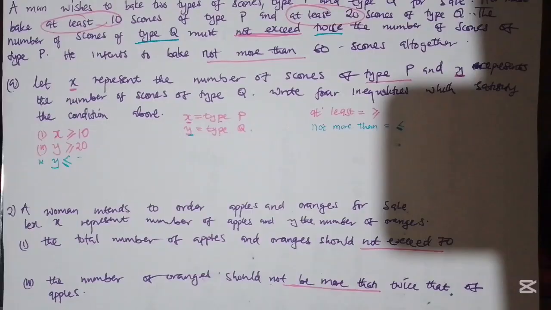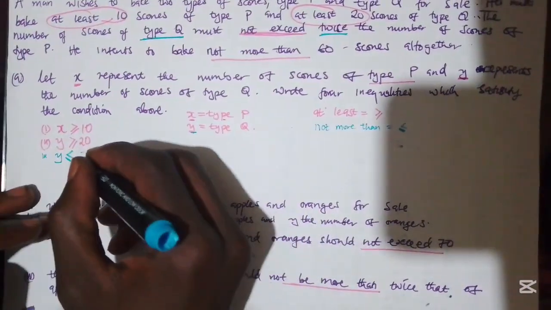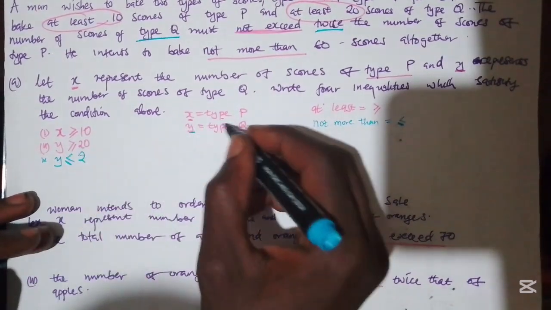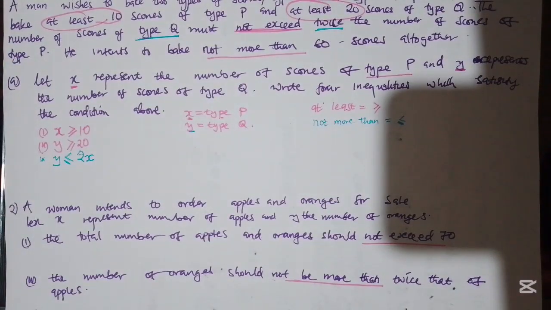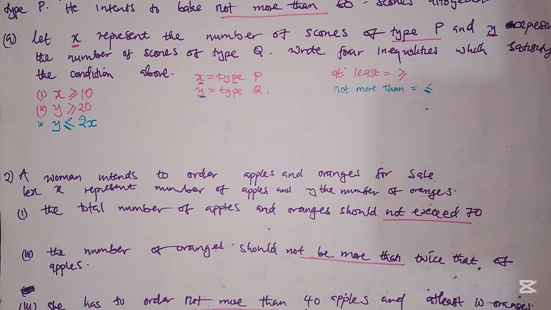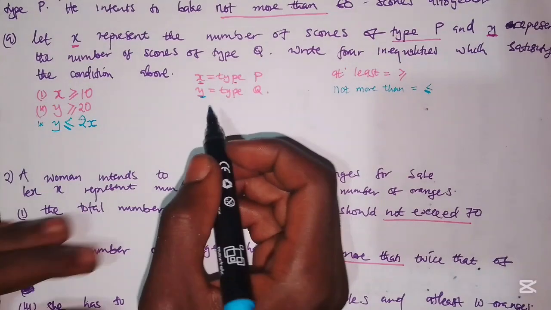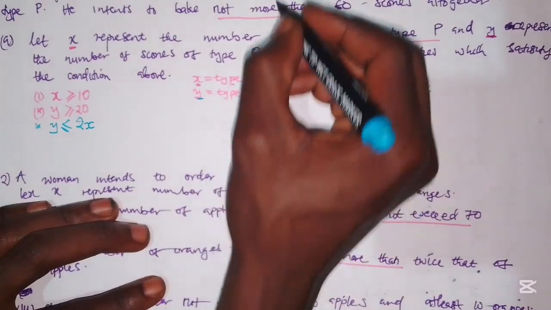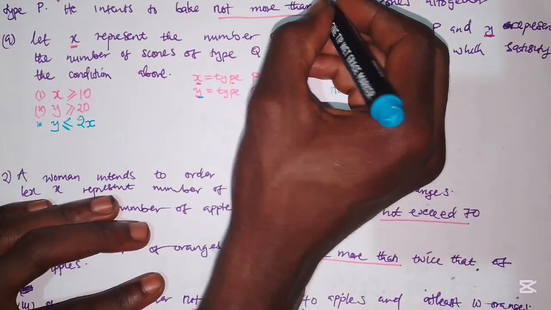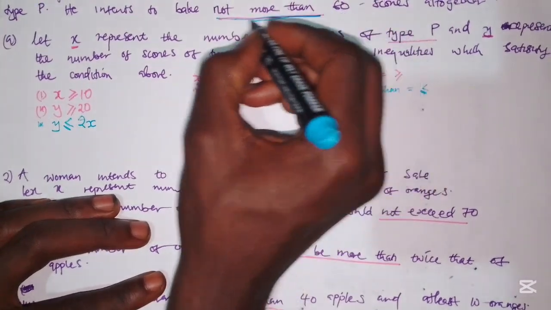Then whenever you hit twice the number of scones of type P, you just put 2 in front of the letter, which is 2x. Just like that. That's how simple inequalities are. So I've basically shown you how you can make an inequality when you have at least, and also when you have should not exceed, must not exceed, and not more than.